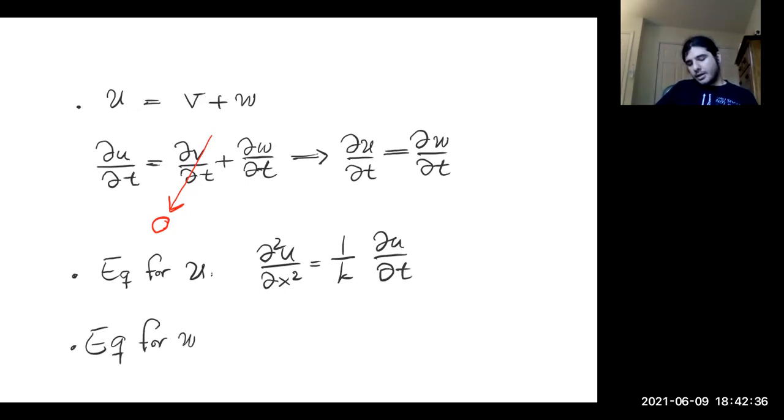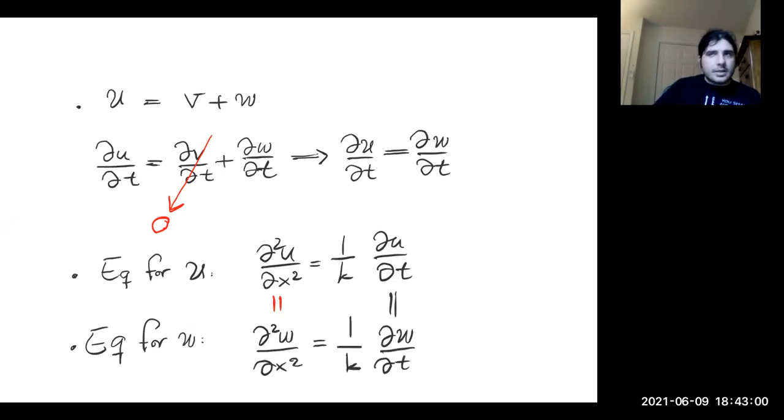Well, we saw the second derivative of u with respect to x is equal to the second derivative of w with respect to x. And the derivative of u with respect to t is equal to the derivative of w with respect to t. And this is a constant. So the equation doesn't change.